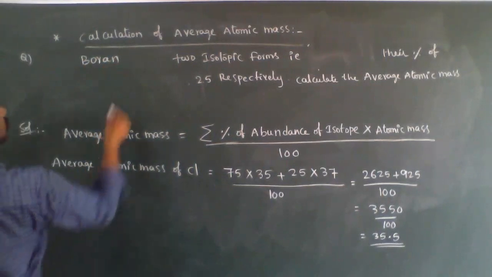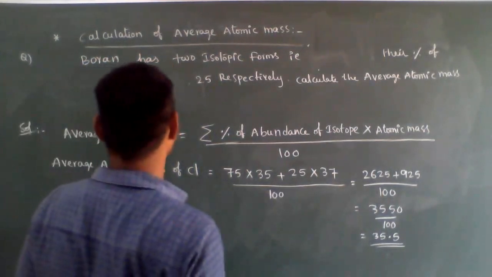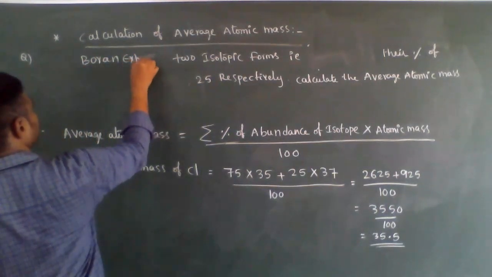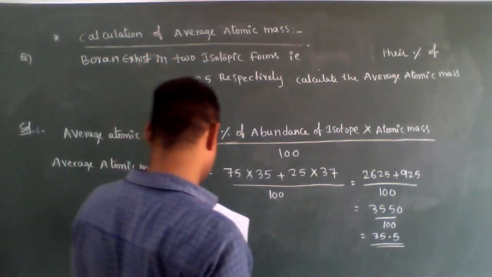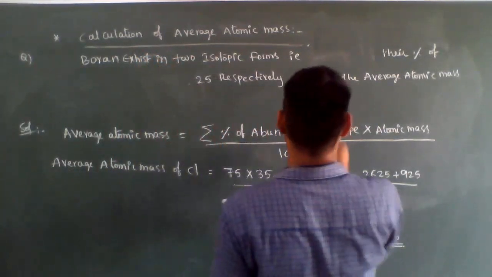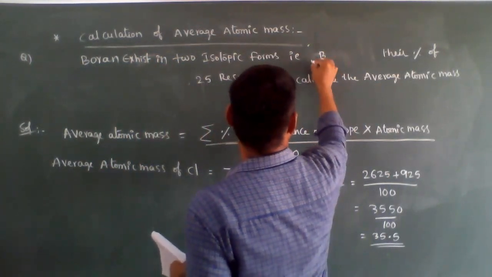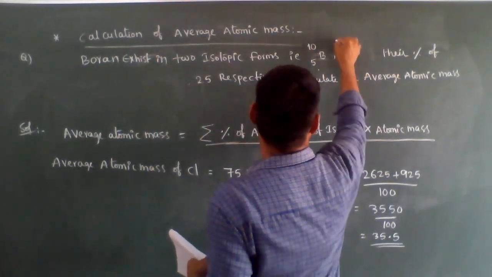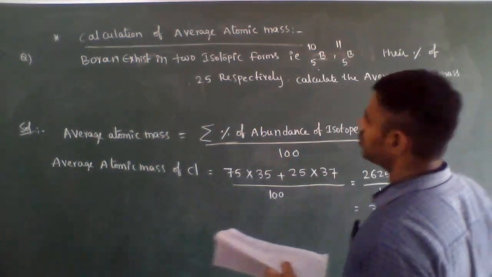Boron exists in two isotopic forms, that is boron 5-10 and boron 5-11.